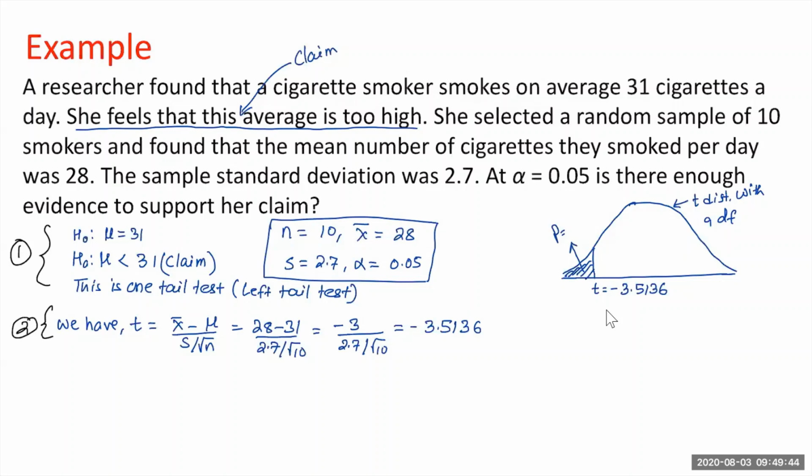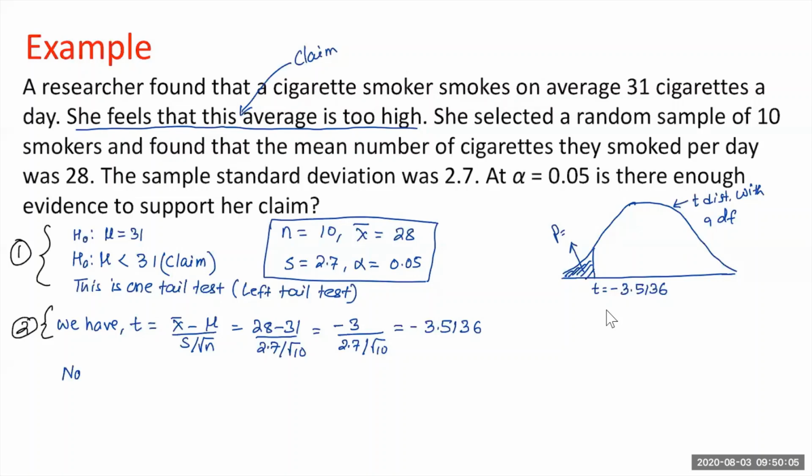In your calculator, you have to go to second, vars and number 6. That will give you the TCDF.